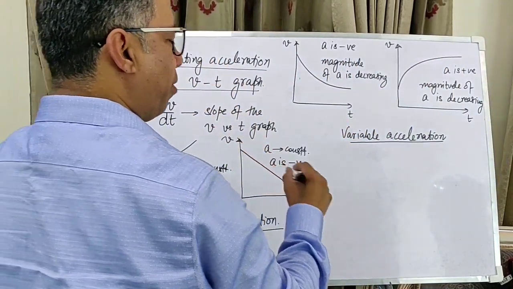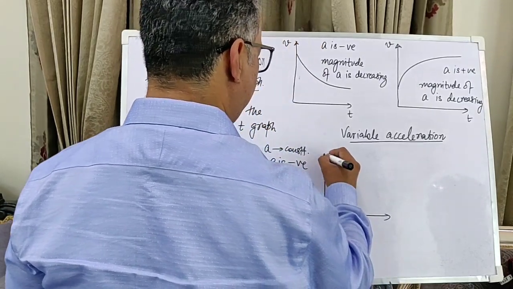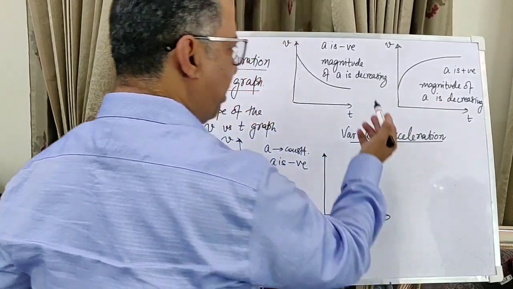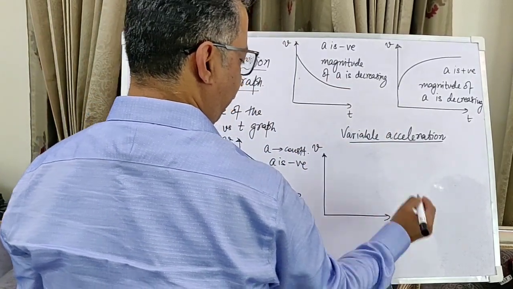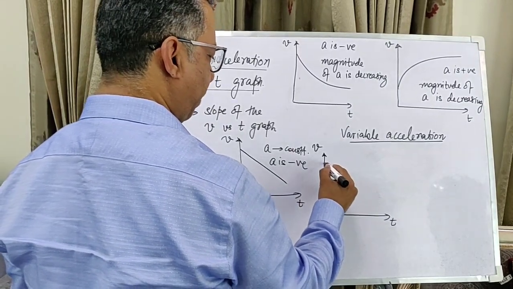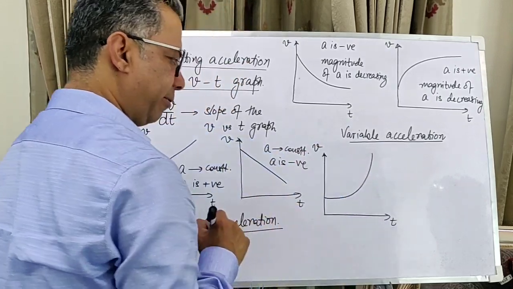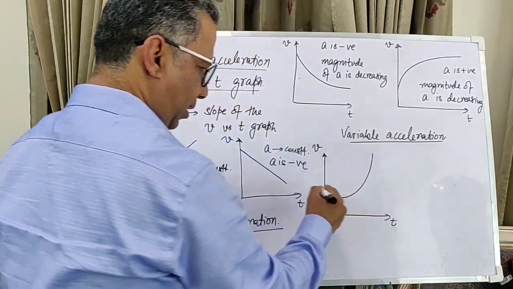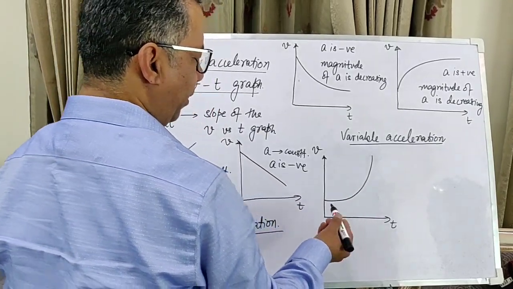Now you can think of more possibilities. We have looked at possibilities where acceleration had a decreasing magnitude. We have other possibilities. Think of this kind of graph. Now it's a curve, so slope is variable, so acceleration is variable.